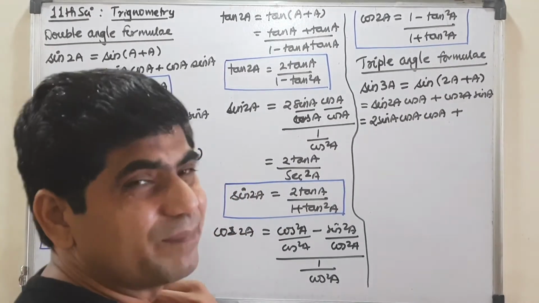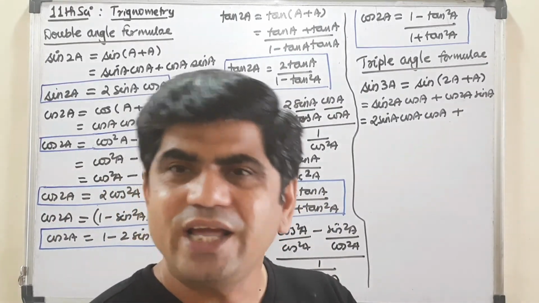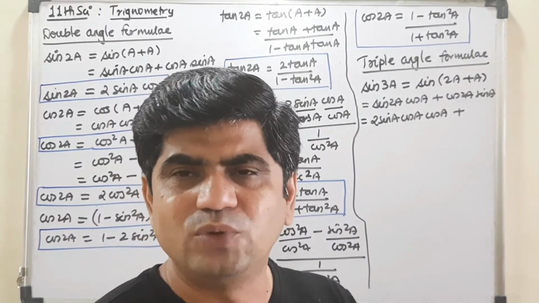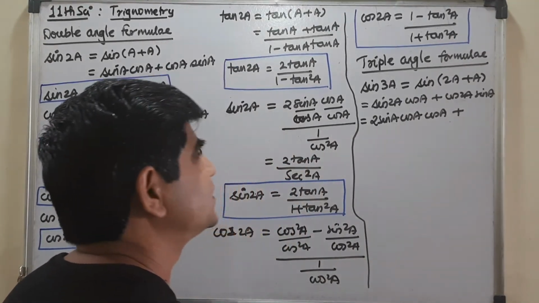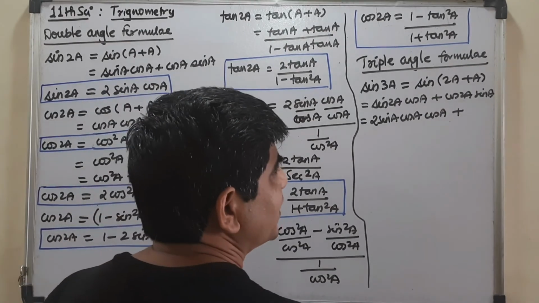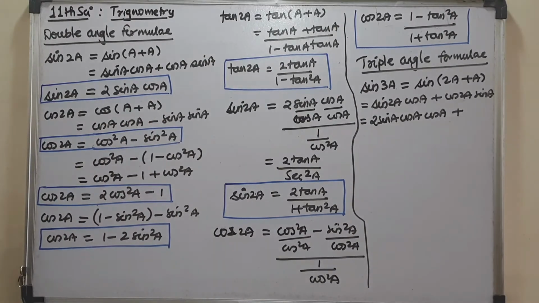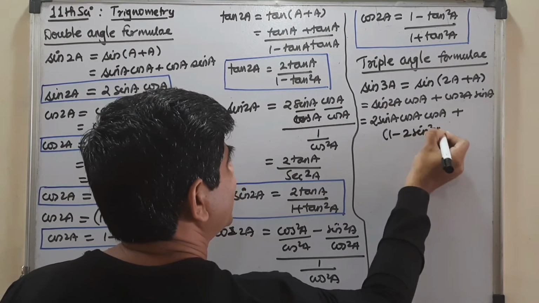Now I will decide myself that since the formula is of sine, do I want everything in terms of sine or in the mixture form? I would prefer converting everything into sine. So the cos 2a formula I will select is 1 minus 2 sin square a.